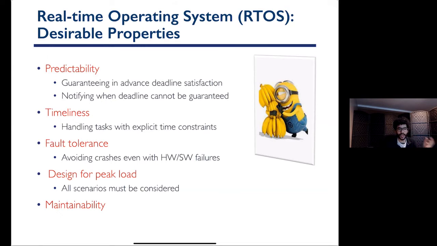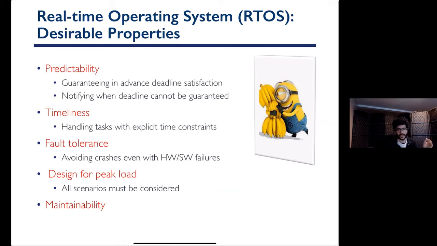We want to be able to provide timing constraints for our tasks. We want to say, I want this task to be done by this time, right? So this doesn't exist in general purpose operating systems. We want fault tolerance. So this part is somehow there already. So many operating systems provide fault tolerance.